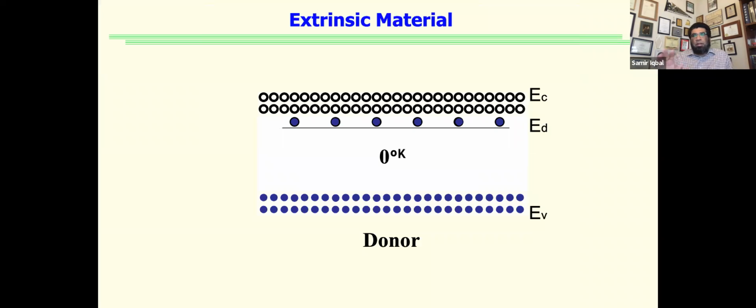Right now, I just wanted to share that by introducing those new energy levels, either close to the conduction band, which would be N-type, or close to the valence band, which would be P-type.